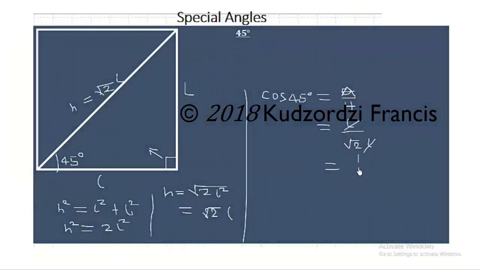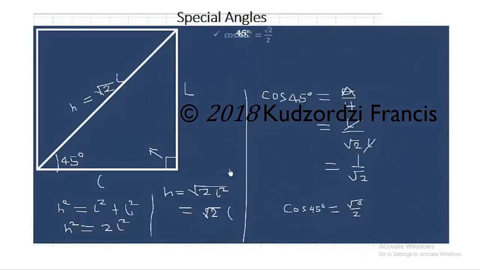So we obtain 1 over root 2. And we rationalize this to obtain cos 45 degrees to be equal to root 2 over 2. So cos 45 degrees is root 2 over 2.